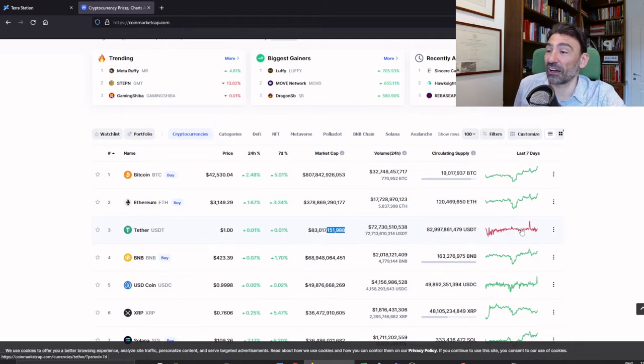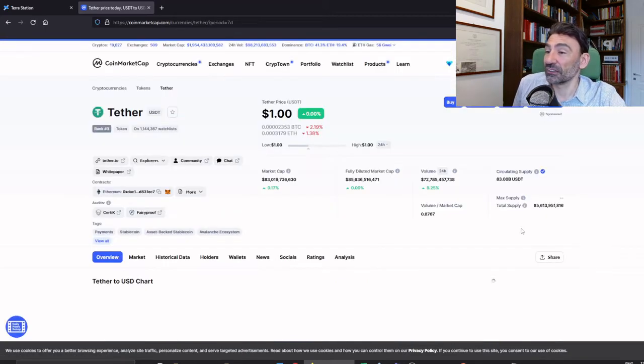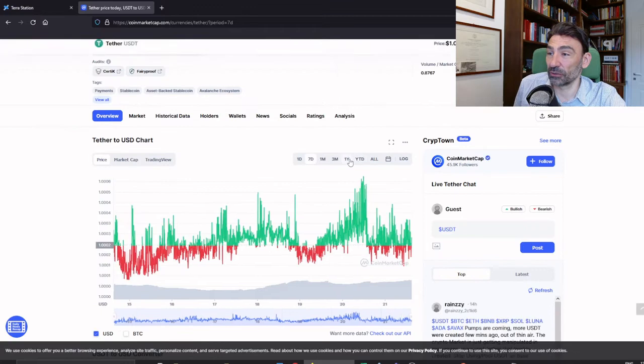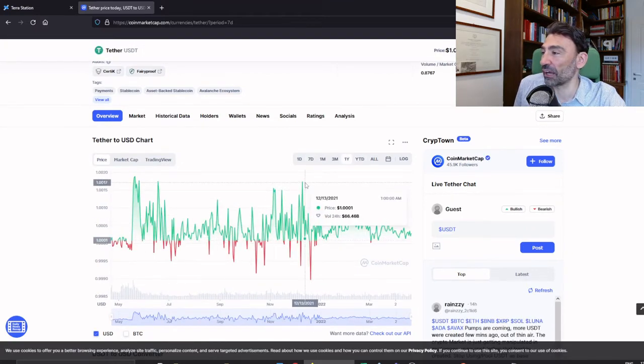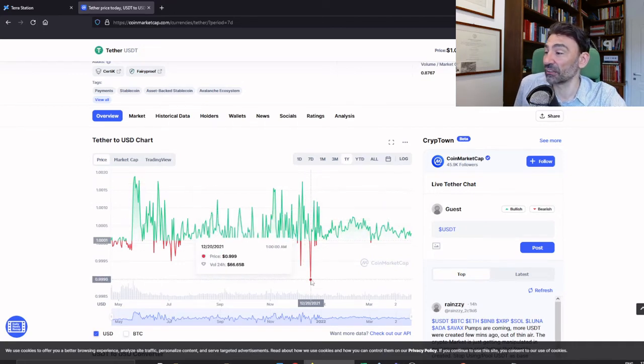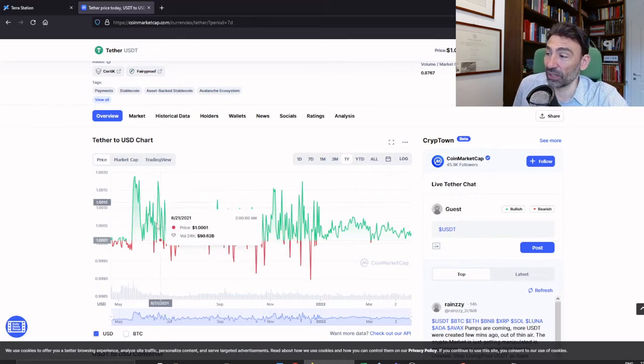However, if you look at the graph of Tether, it doesn't fluctuate so much. Consider that here the fluctuations up arrive to 1.0017, so it's much less than 1%, and the fluctuation down is also about 0.1%, this is 0.999, so it fluctuates very well around 1, so it's really pegged.